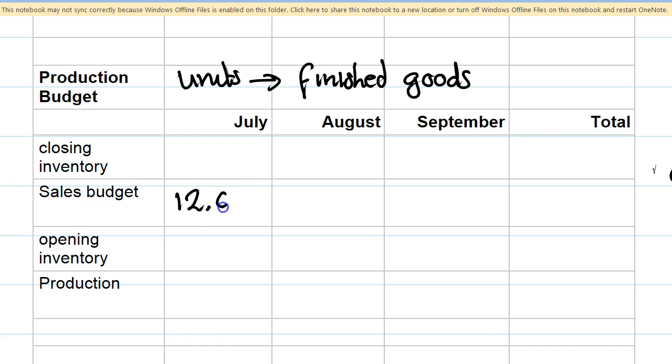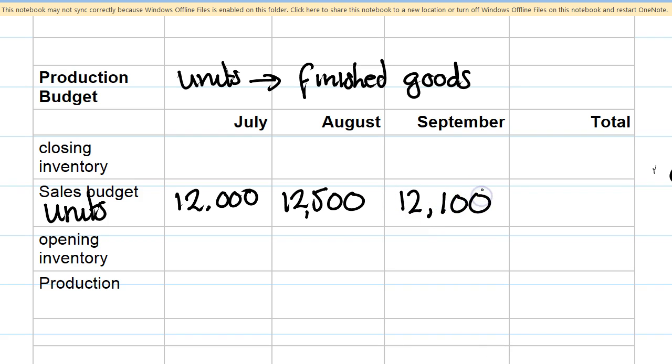These are the figures that were given to us in the question and we used in the previous part. 12,000 units in July, 12,500 in August, and 12,100 in September. Those are the units that we need to sell. That's what our customer demands. But that's not necessarily what we need to make.